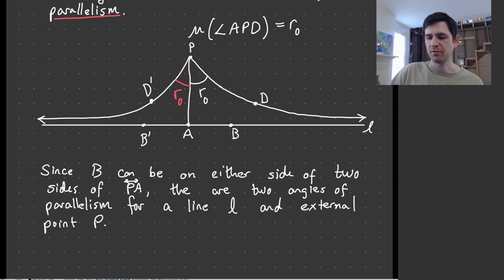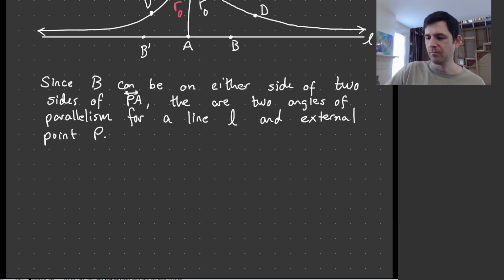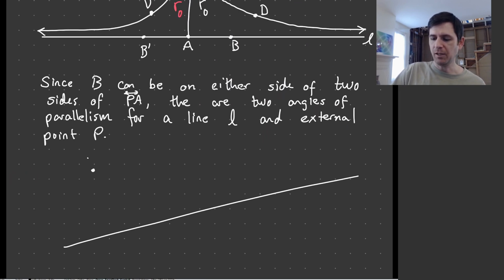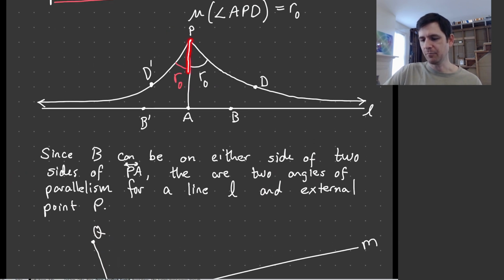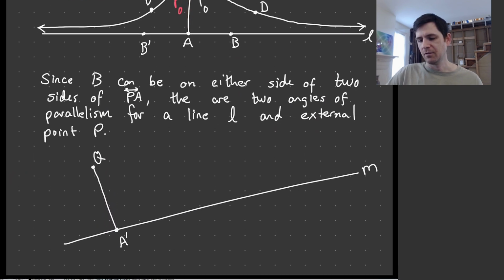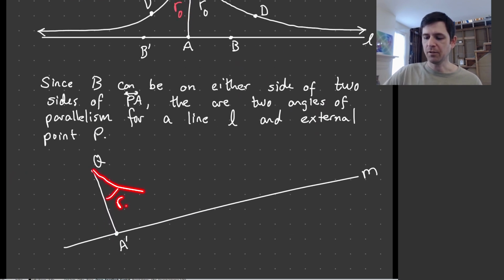So, in other words, if you take any line in the hyperbolic plane, and you take any point P, let's call this line M, maybe I'll call this point Q. If the distance here from Q to, say, call it A prime, is the same as the distance here from P to L, then this angle of parallelism will also be R naught.